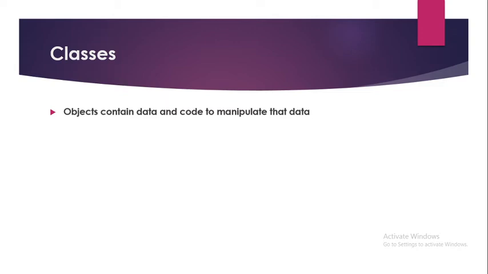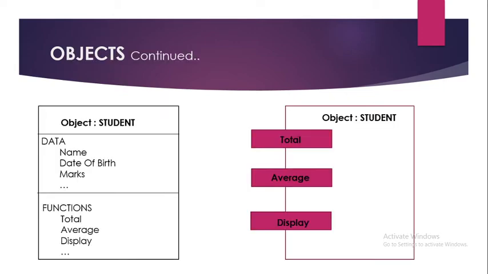As in the previous slide with the student object, if I want to maintain information of a number of students, definitely every student will have a different name, date of birth, and marks, and depending upon this data, their functions should be there to use the data items. So if there are hundreds or thousands of students in one class, definitely hundreds of these types of objects are required.